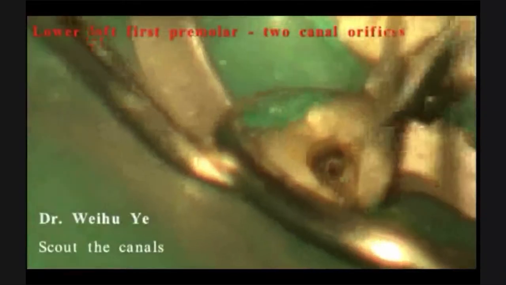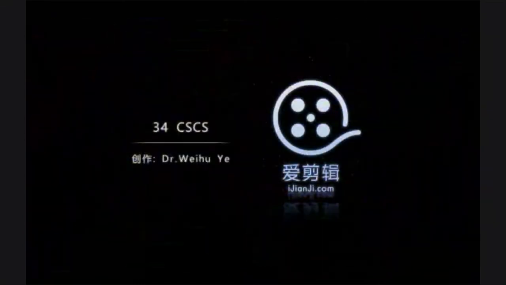And this is the animation for the root canal preparation and obturation under the dental operating microscope. Actually, we cannot find a C-shaped orifice in these C-shaped mandibular premolars under the microscope. What we can see is 2 orifices in the mandibular first premolar and 3 orifices, 3 canals in the mandibular second premolar.